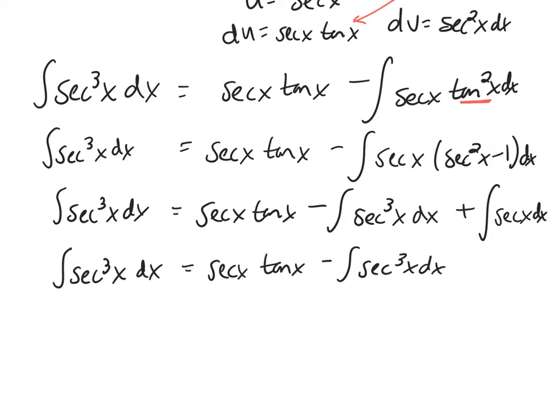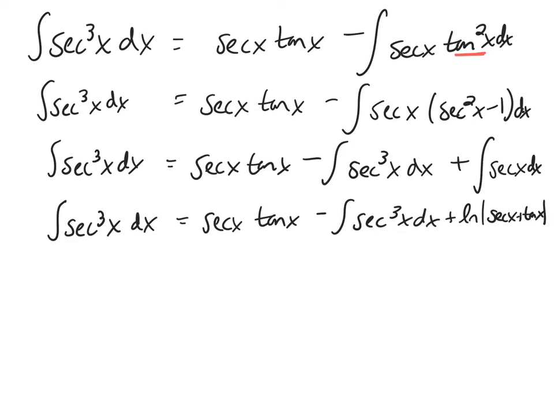So the integral of secant is ln secant x plus tangent x. And if you look, the only integral that remains is actually the integral we started with, but it has a minus in the front. So what we're going to do is treat this like an equation, which it is, and add it to the other side.